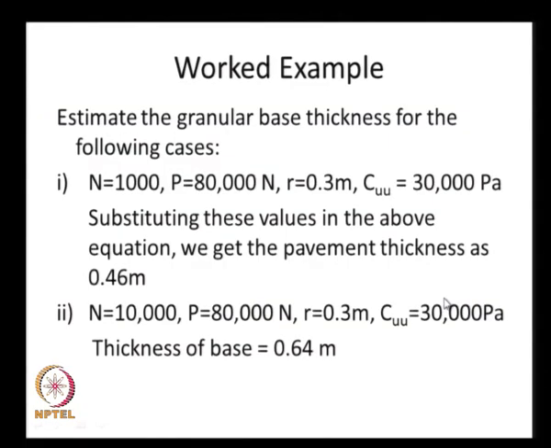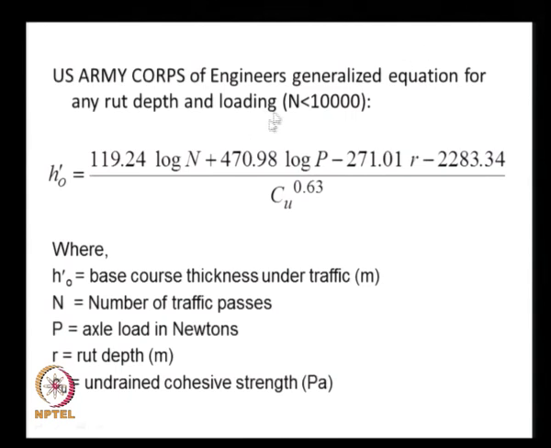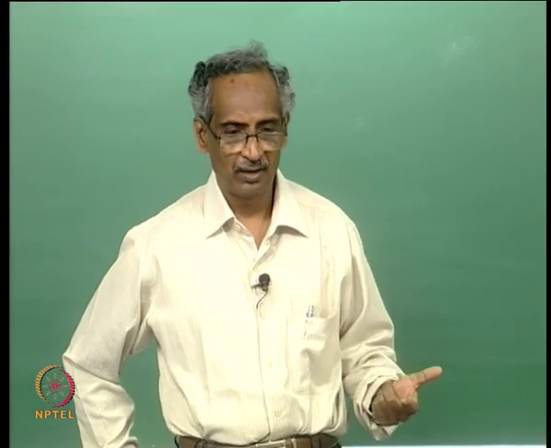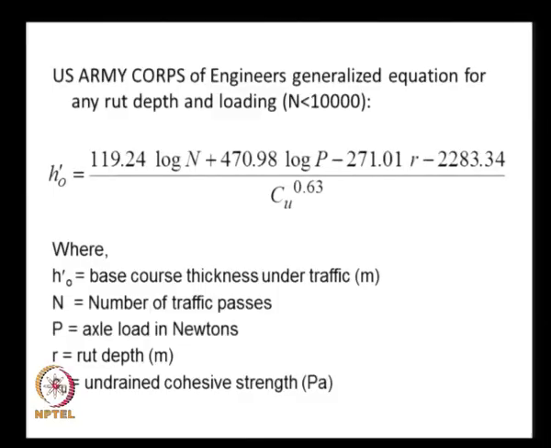This particular equation is adapted by Giroud and Noiray from the earlier publications of the US Army Corps of Engineers to express the effect of all the parameters on the thickness of the pavement, and this equation is only valid for unreinforced pavements.